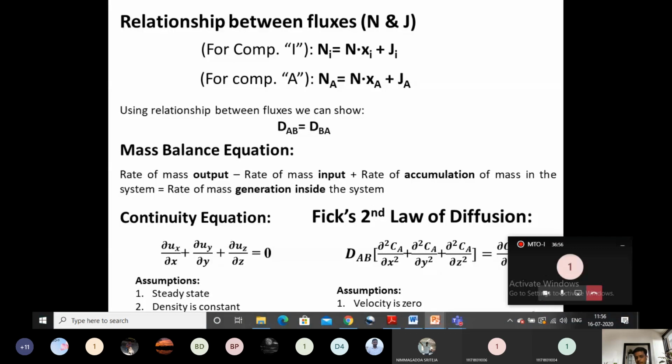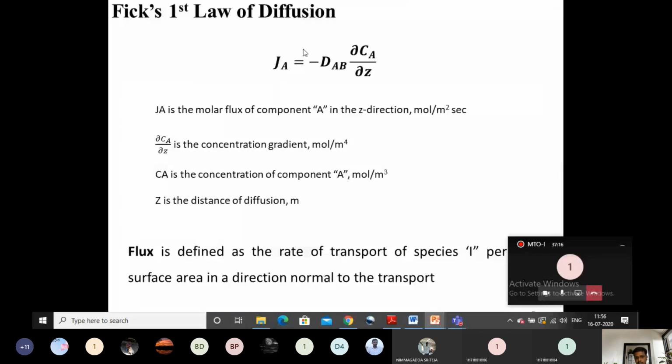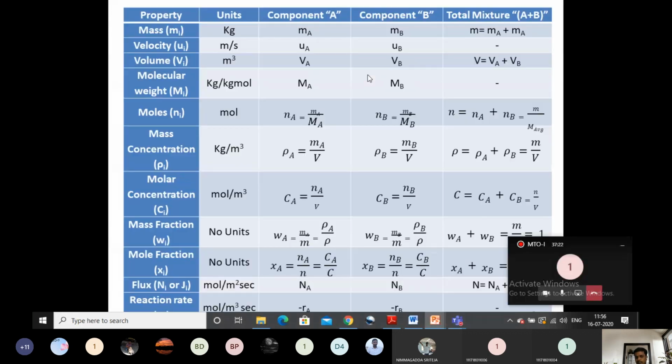Then the next one is Fick's second law of diffusion. Remember, Fick's first law is the basic definition which governs mass transfer. Fick's second law is the basic equation which governs unsteady state mass transfer. This is the mass transfer equation which governs the steady state: dou Ca by dou Z for the steady state.